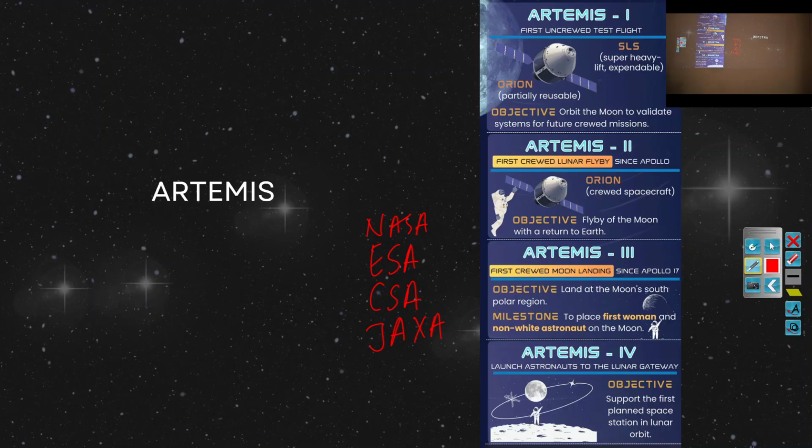Artemis 2. Artemis 1 was an uncrewed test flight around the moon. Artemis 2 is to fly astronauts around the moon and back to Earth.